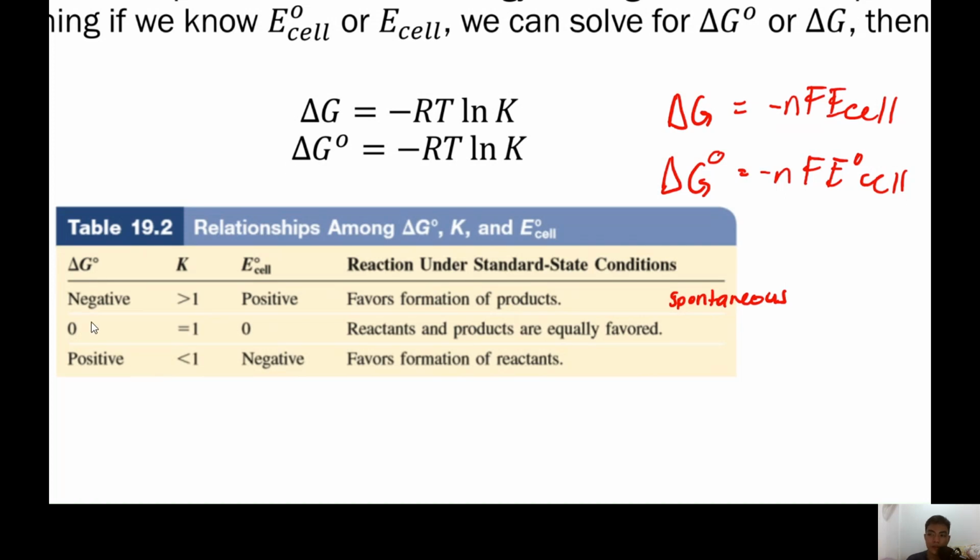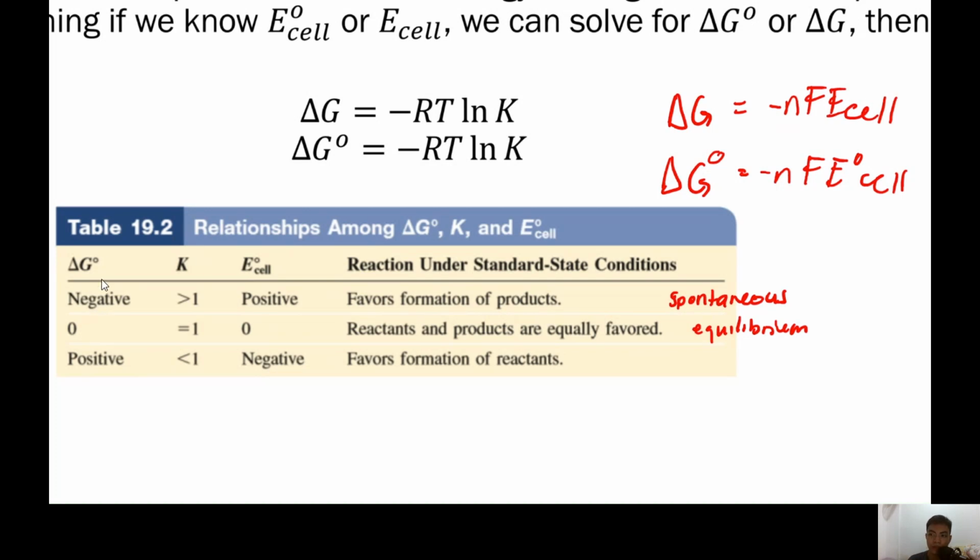If delta G is 0, that means we are at equilibrium. We have a balance in the system. So when delta G is 0, E cell should also be 0. Remember that moles of electrons has a numerical value, and Faraday's constant has a value, so for this to be 0, E cell must be 0.